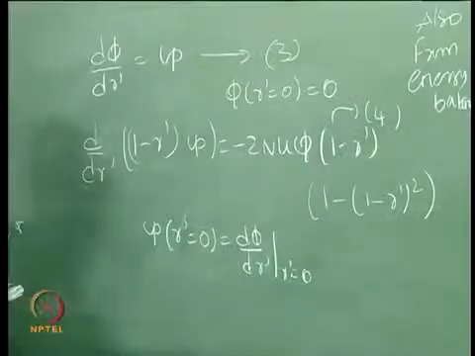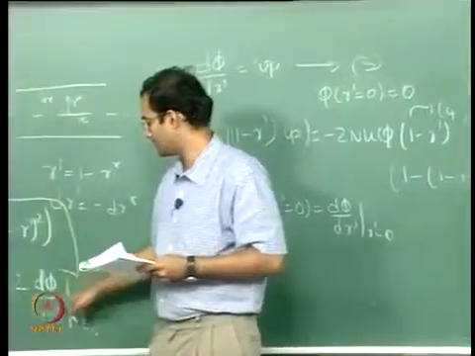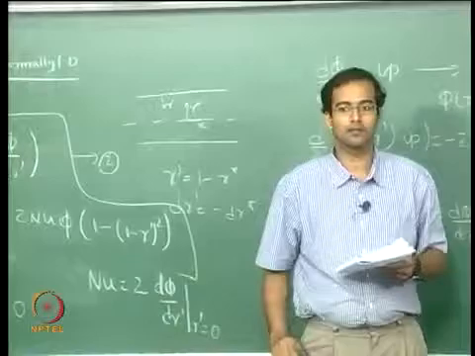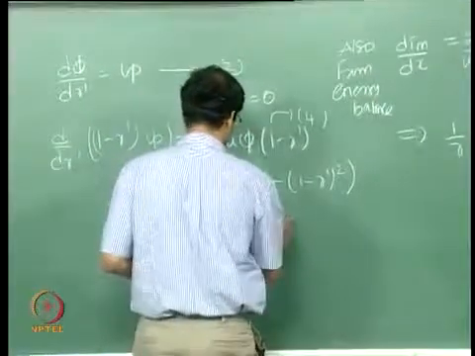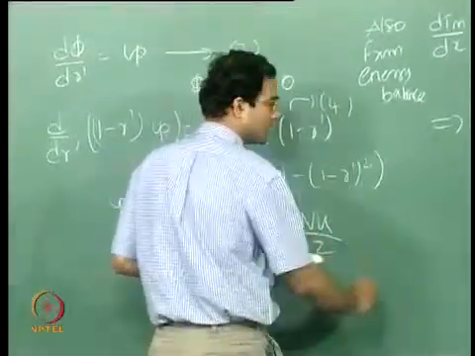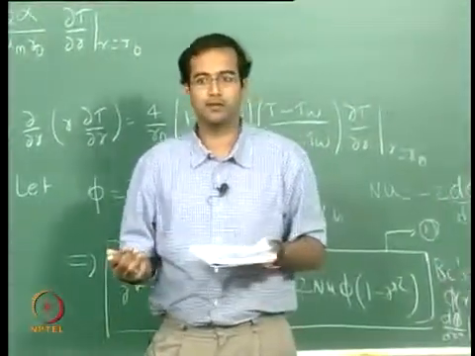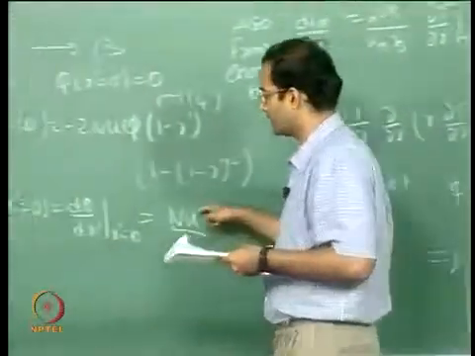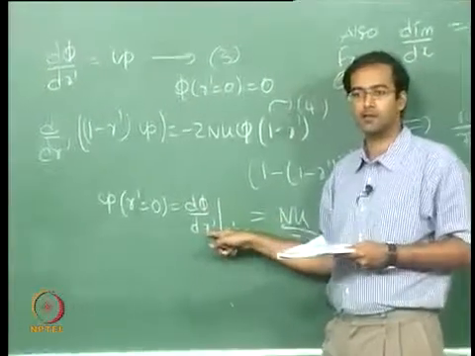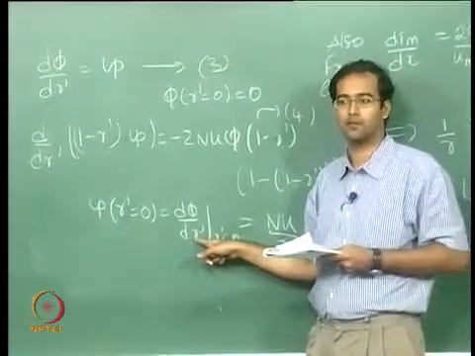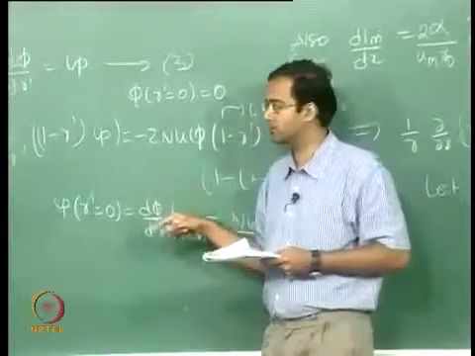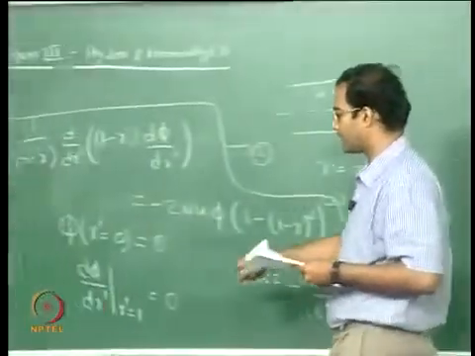This is not known, this is nothing but Nusselt by 2. Therefore you do not know the Nusselt number anyway, so you can guess a value of Nusselt number, and that is the guess for psi at r prime equal to 0. But what you know is basically psi at r prime equal to 1.